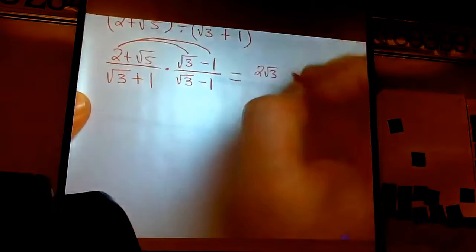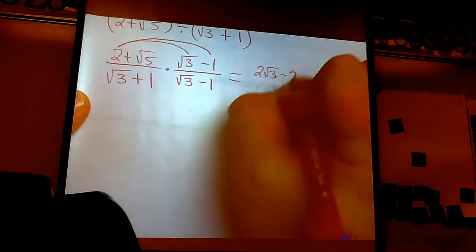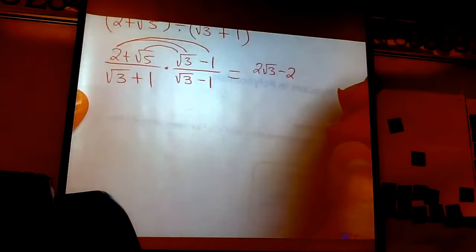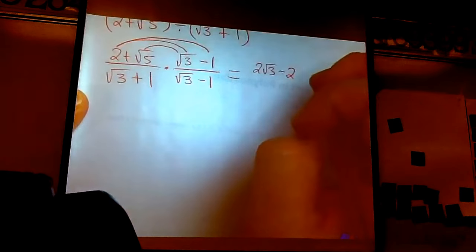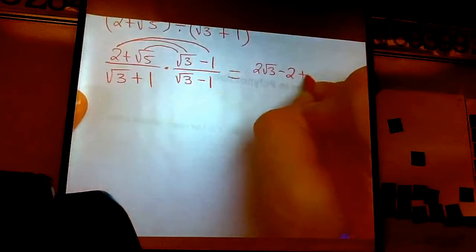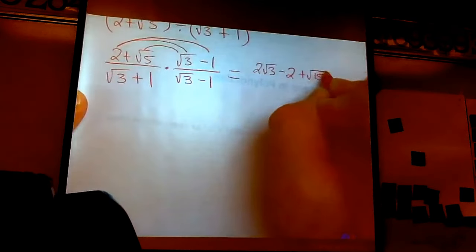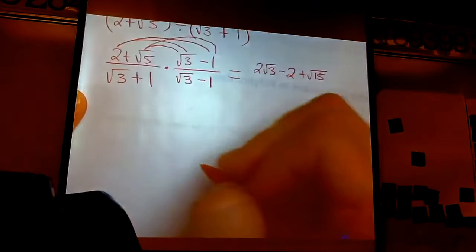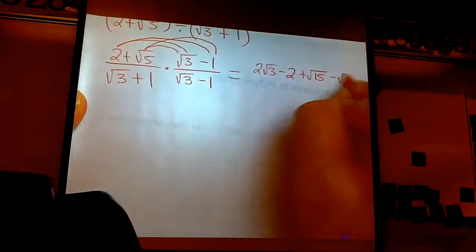Then we got 2 times negative 1, minus 2. Now square root of 5 times the square root of 3, square root of 15. And then the square root of 5 times negative 1, minus square root of 5.